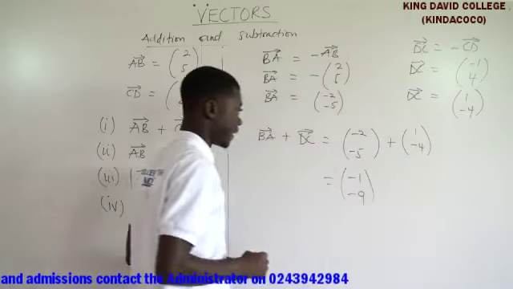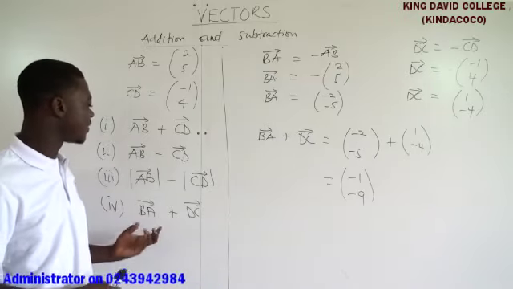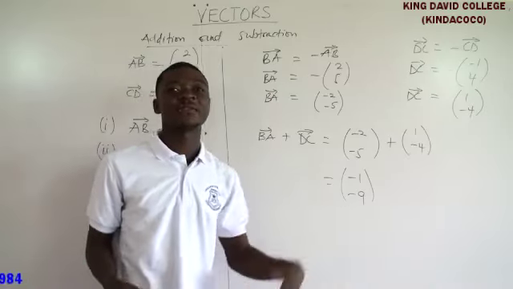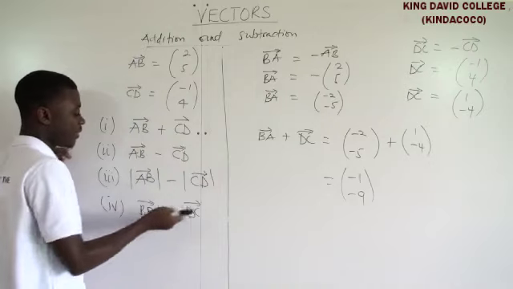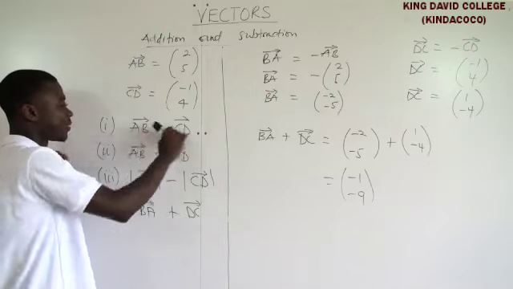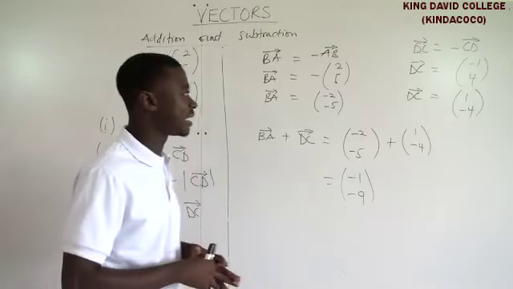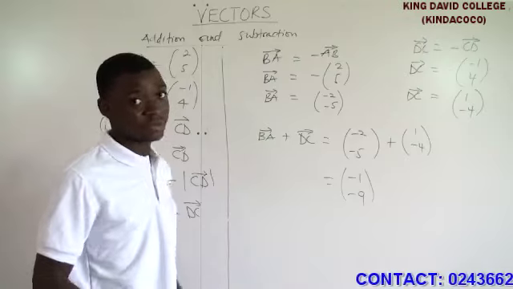Okay, minus 9. So what do you see? You realize that when I reverse the two vectors, the answer is just like reversing the final answer of what? This one. When I reverse this and this, it's the same as reversing the final answer. As simple as that. But if maybe I reverse one, the answer would have changed.